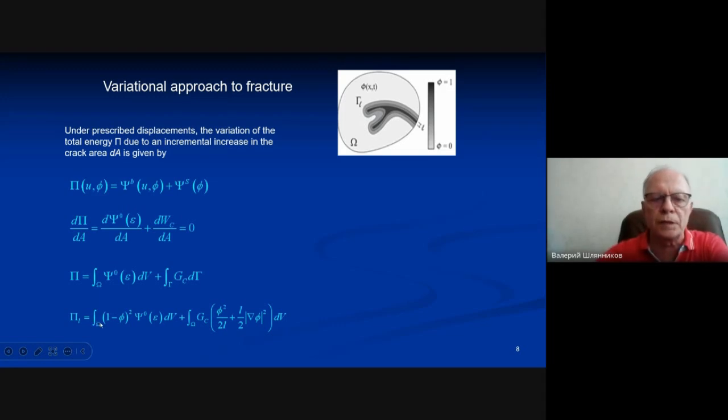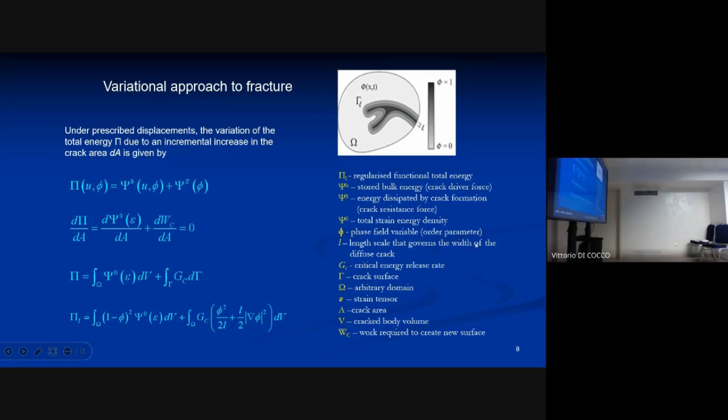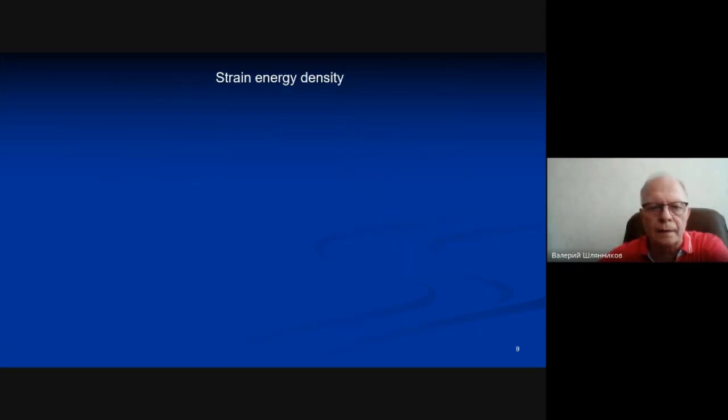The modern formulation of phase field fracture includes two new additional variables, that is the phase field damage parameter and the length scale that governs the width of the diffuse crack.